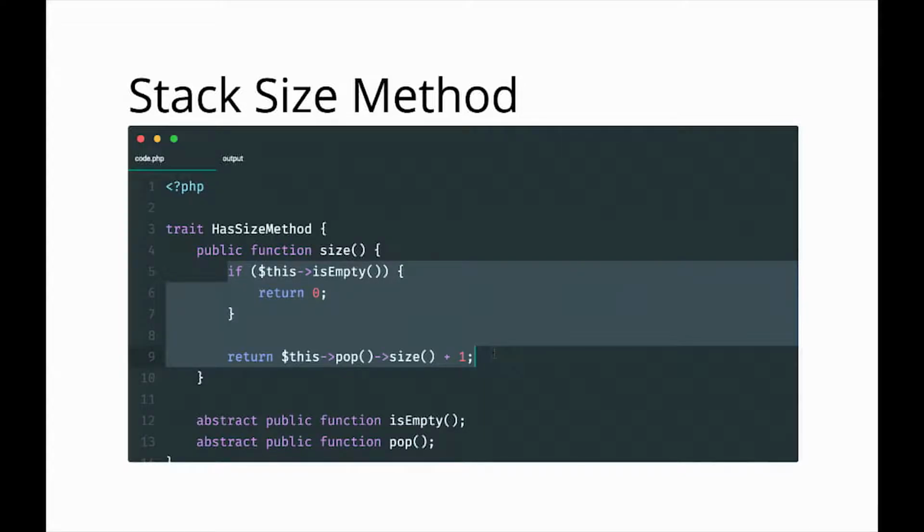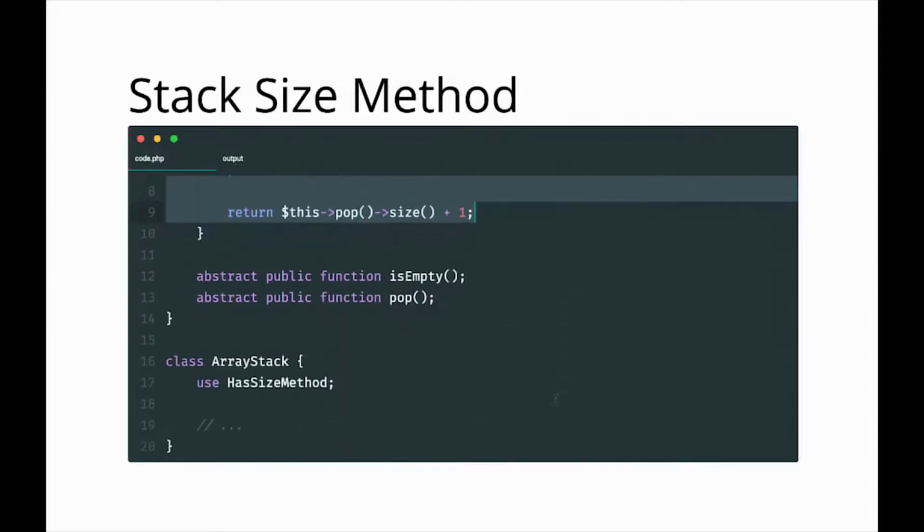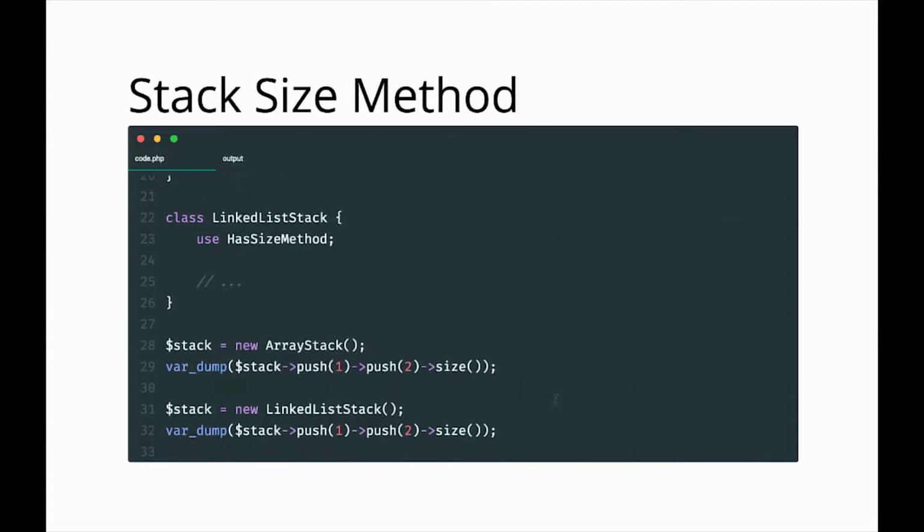And here we don't need to know what the implementation of ArrayStack or LinkedListStack is. We know they have the methods. We can use those shared methods, and we can build more functionality on top of this. So if we use this trait, the stuff will execute as we expect. It'll give the same result using the same methods, not caring about the implementation.